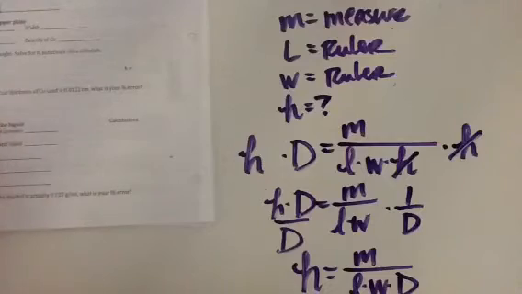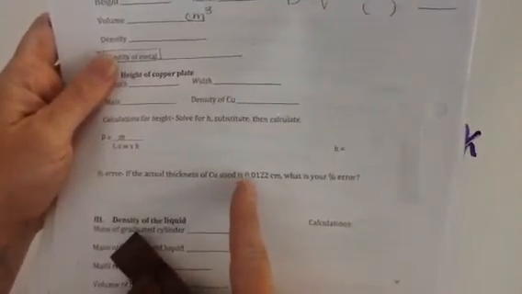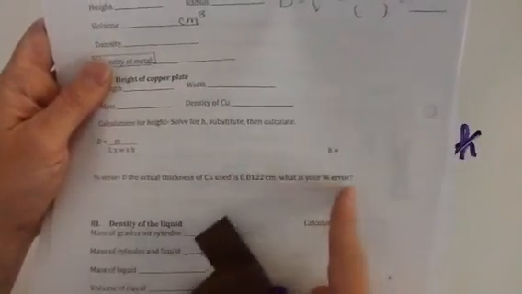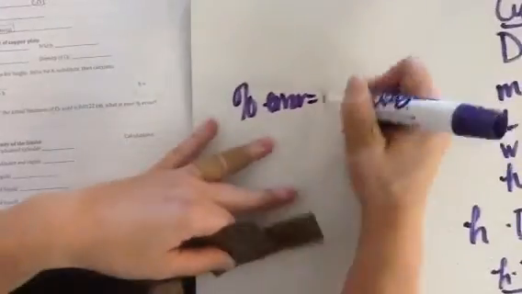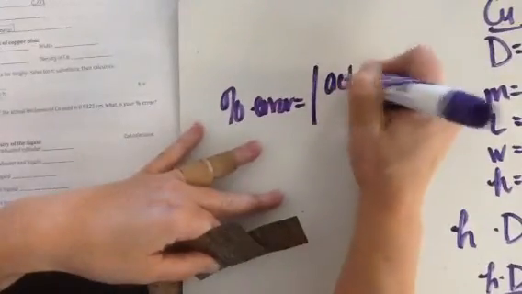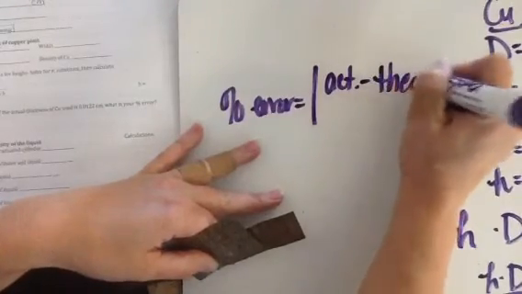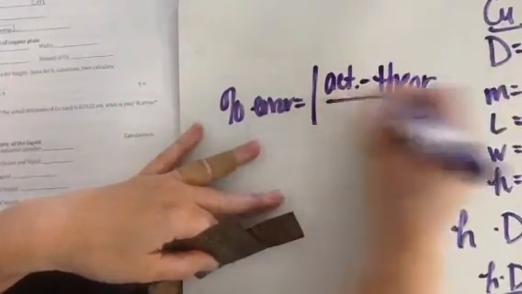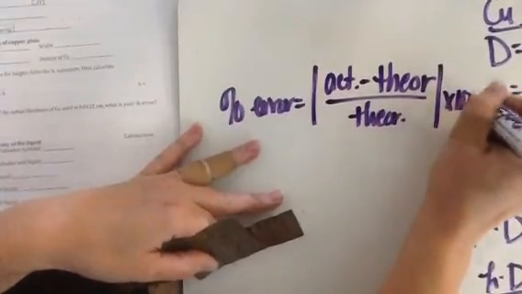And then you're going to calculate percent error. So if the copper actual thickness was 0.0122 centimeters, what was your percent error? So the equation for percent error equals the absolute value of the actual, experimental value, minus my theoretical, what it should have been, divided by theoretical, times 100.